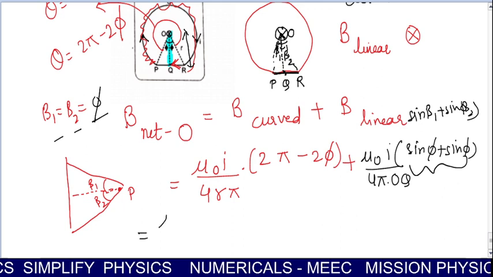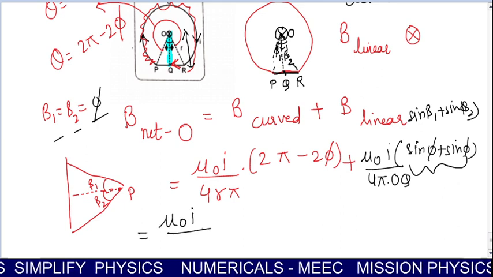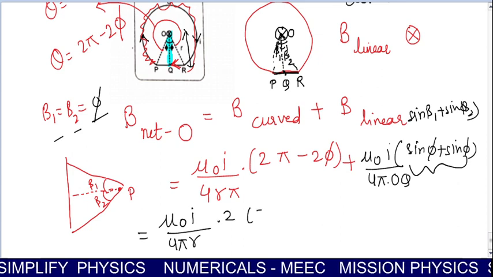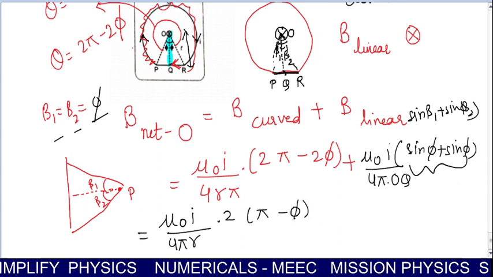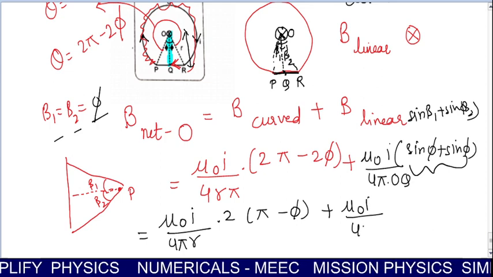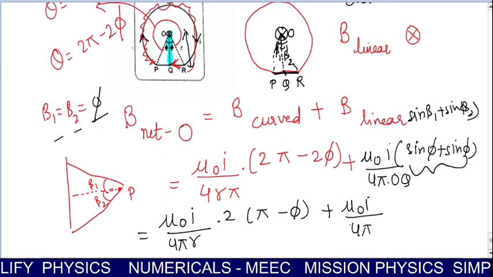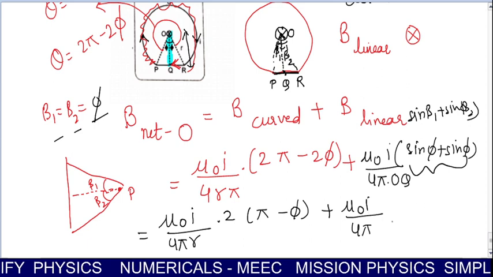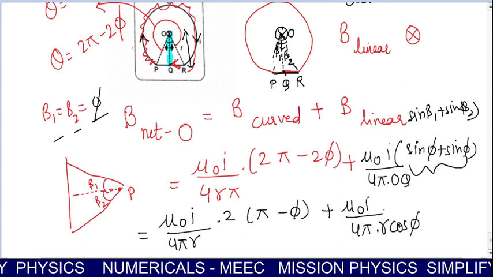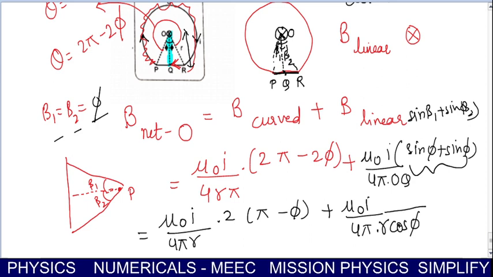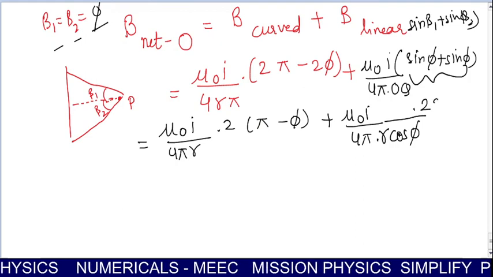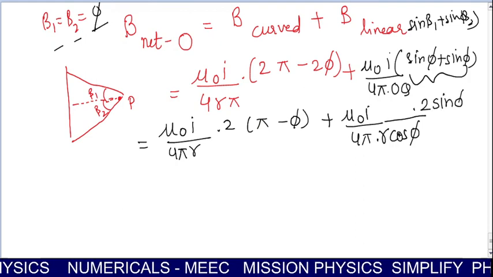So we can complete the expression: mu naught I upon 4 pi r, 2 common, pi minus phi, plus mu naught I upon 4 pi, and in place of OQ we can put r cos phi. ठीक है. ट्राइंगल में लगाकर देख सकते हैं cos phi का आंसर, and this is equal to 2 sin phi.